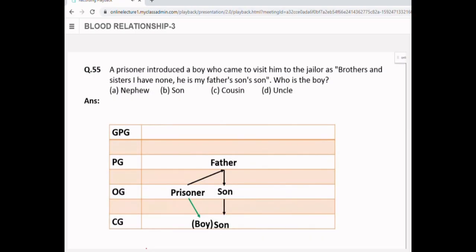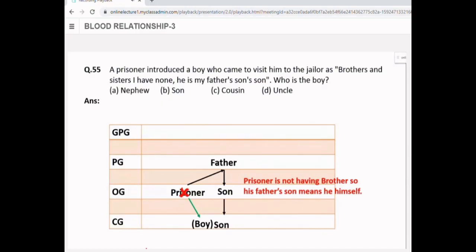That boy is my father's son. Before that, he said, I am not having any brother. So that means the prisoner has no brother. So his father's son means he himself.